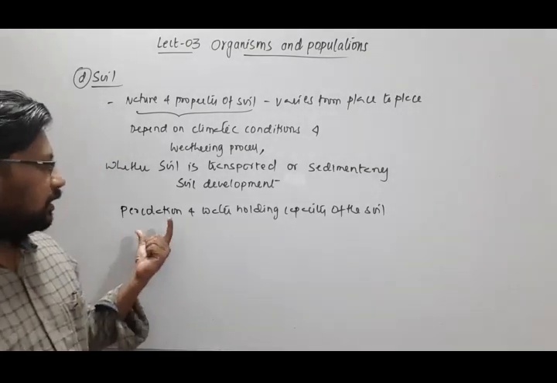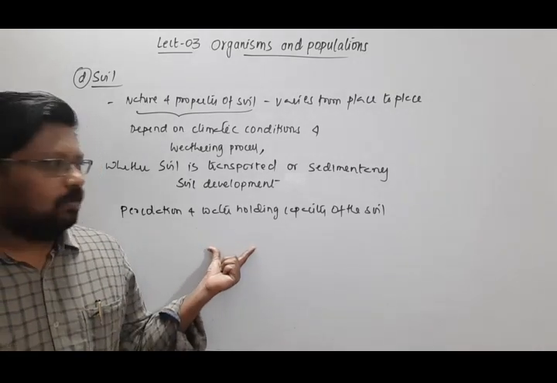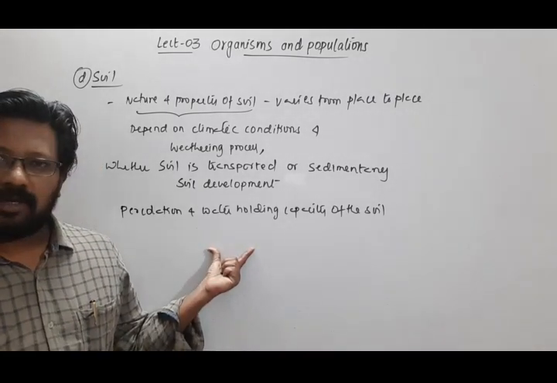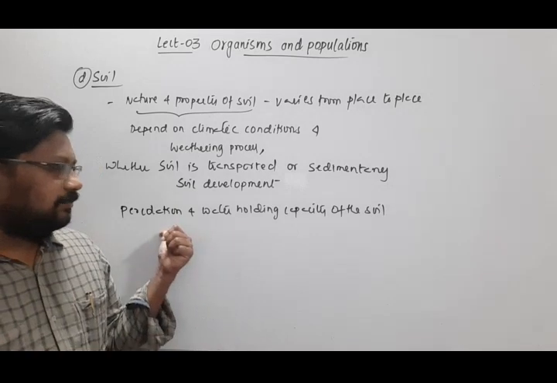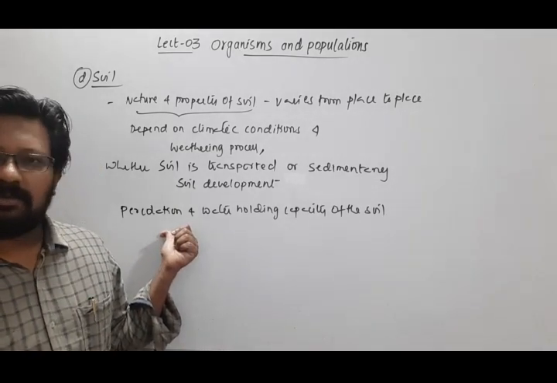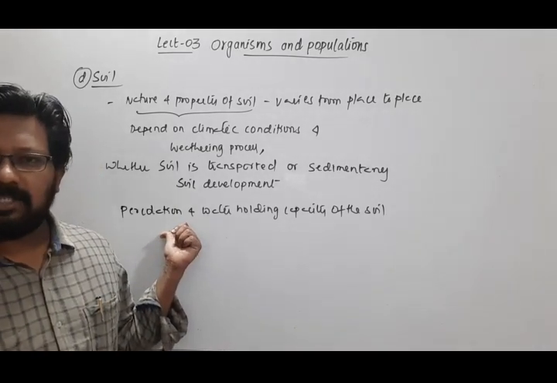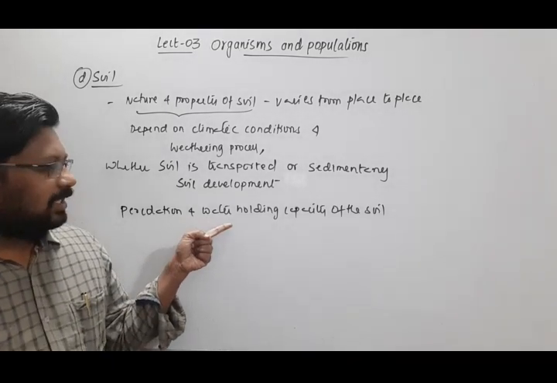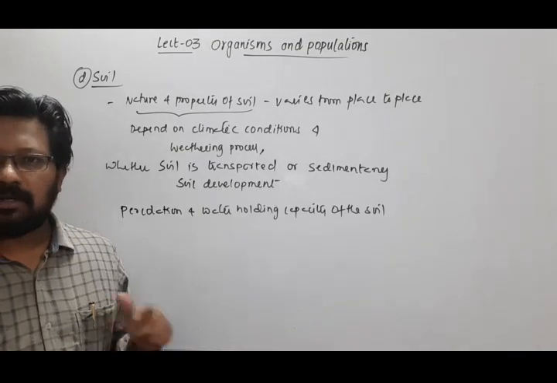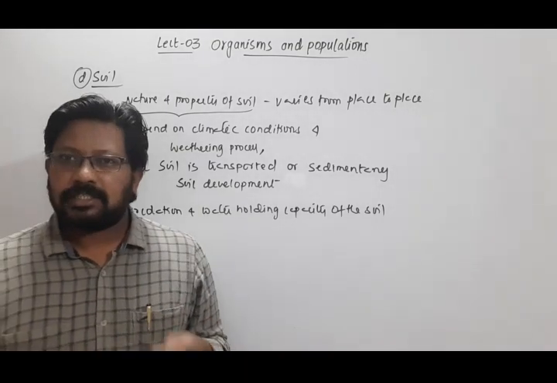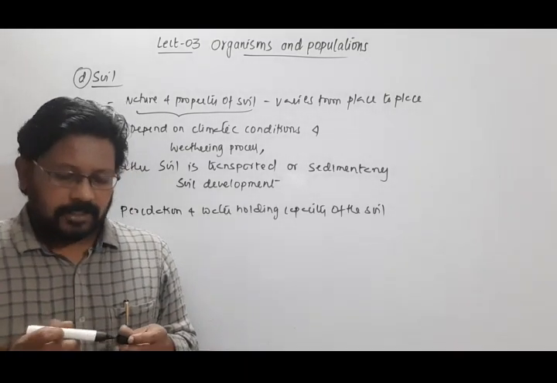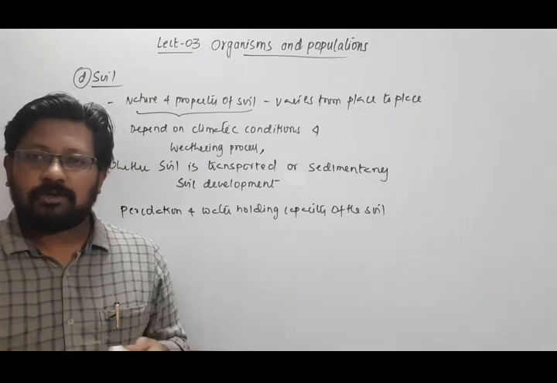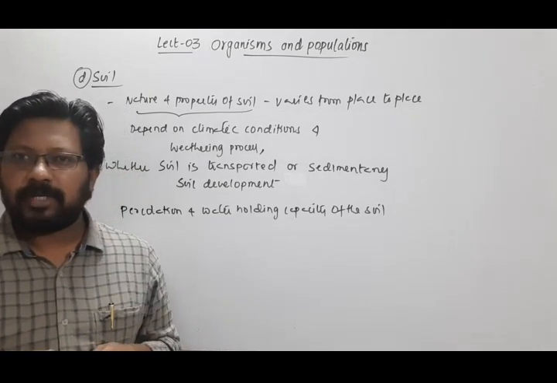If the percolation is not proper, meaning the movement of water from the surface deep into the soil is not proper, or if it is not holding the water at all, then it will result in the plants not growing in that location. So plants will not be able to grow.